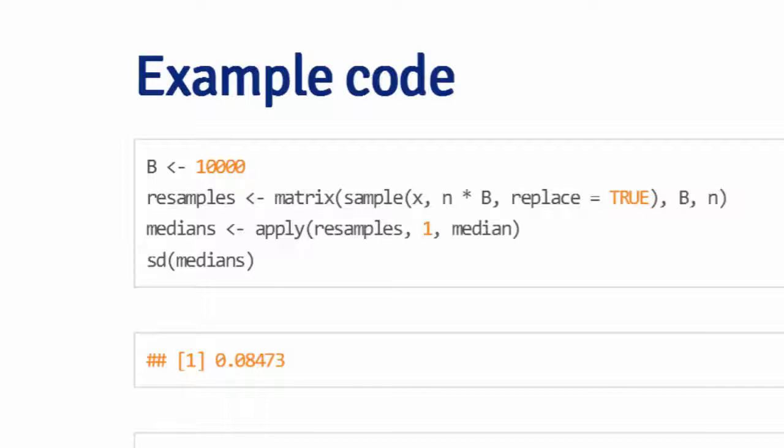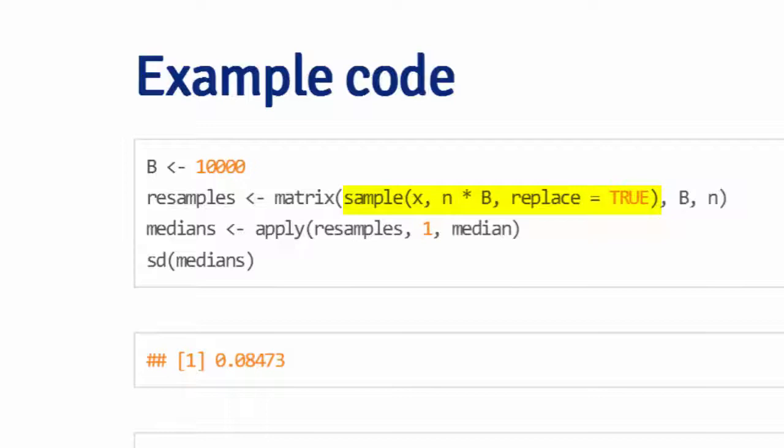So if I want to draw b complete data sets with replacement from x, then I need n times b draws. The R command sample does this, where x is the vector that I'm sampling from, n times b is the number of times that I want to draw from it, and replace equals true.